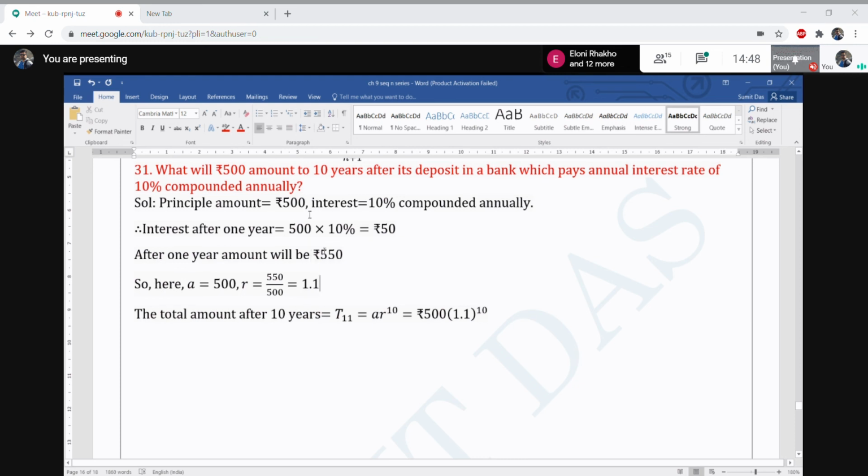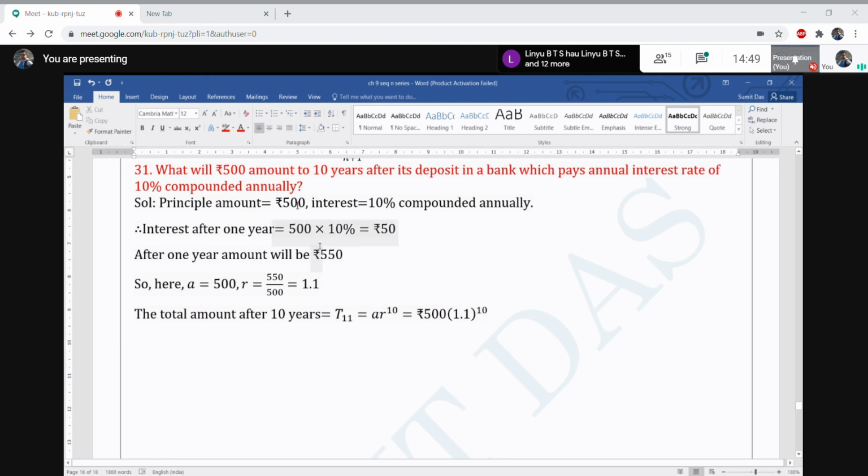That is the difference between compound interest and simple interest. In simple interest you get interest only on the principal amount, but in compound interest, whatever the amount is after one year, you get interest on that. So for the third year you will get interest on that amount. So every year the amount keeps increasing.